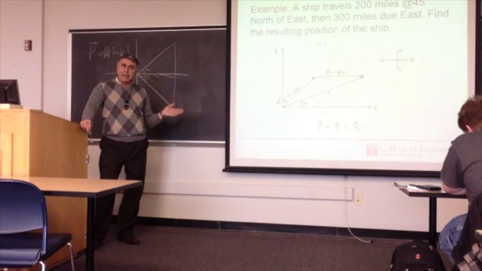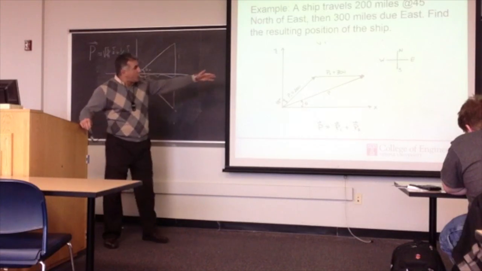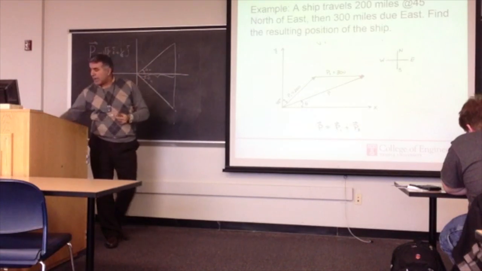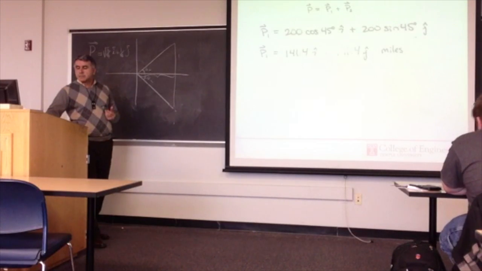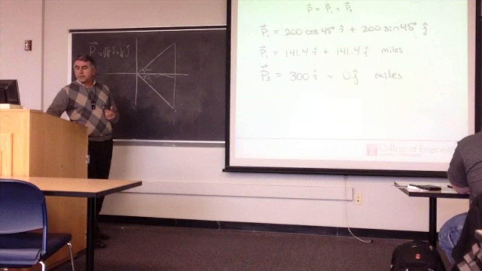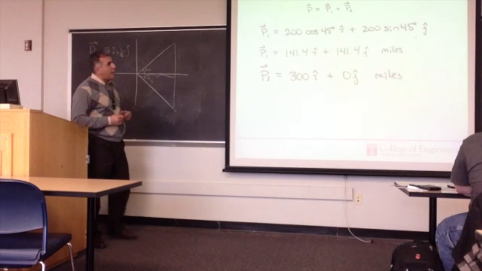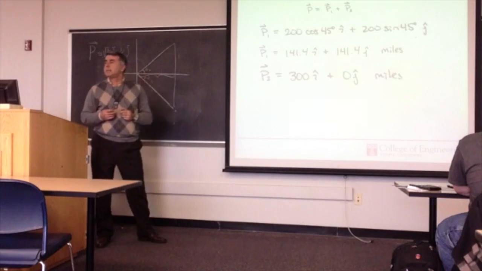What is the Y? 0, because there is no projection on the Y direction. So that's why P2 is simply 300 I plus 0 J.